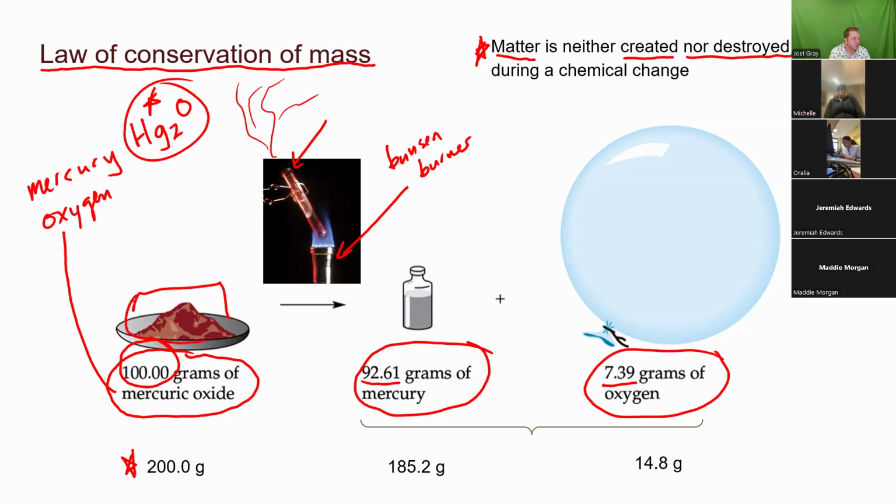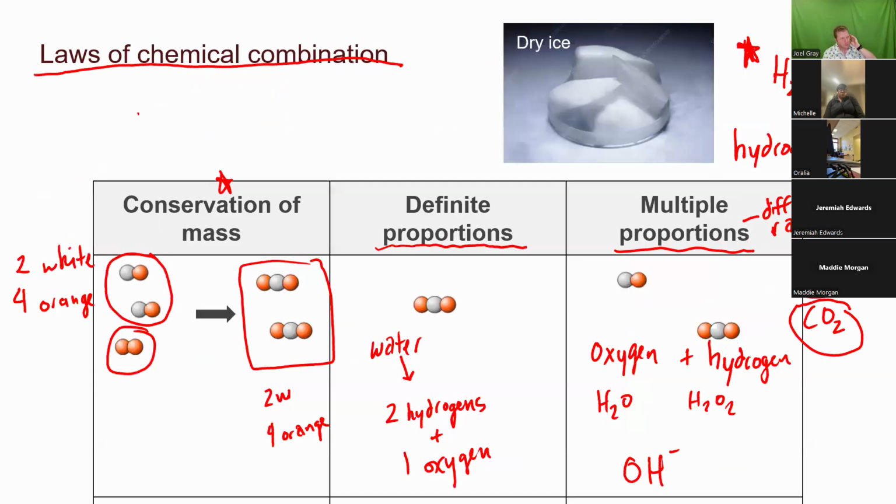Well, the biggest difference is that this is mercuric oxide compared to pure mercury. So we conserve masses. Other variables might change, like volume, but that's because you're undergoing a change in that substance.